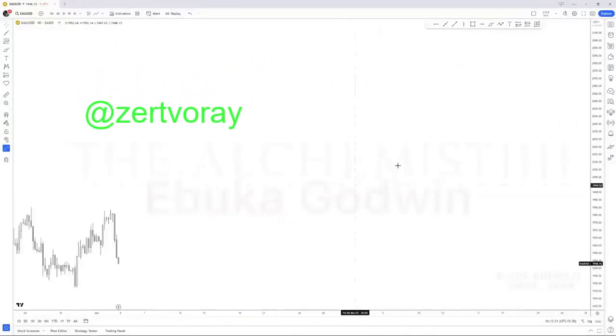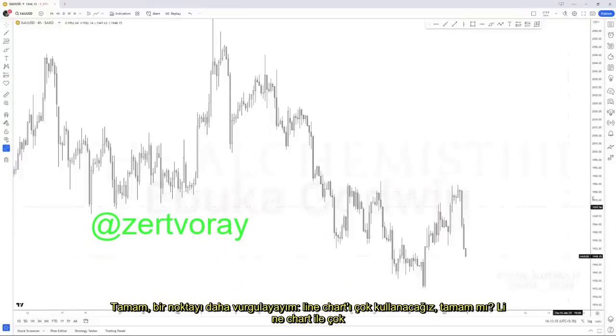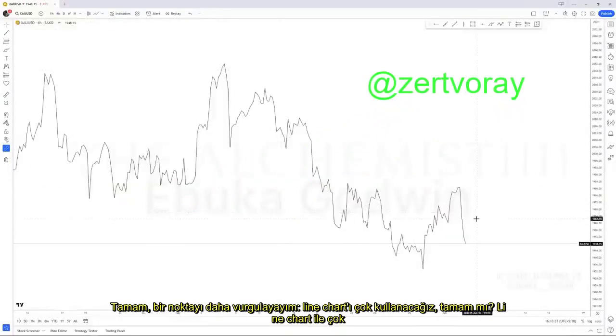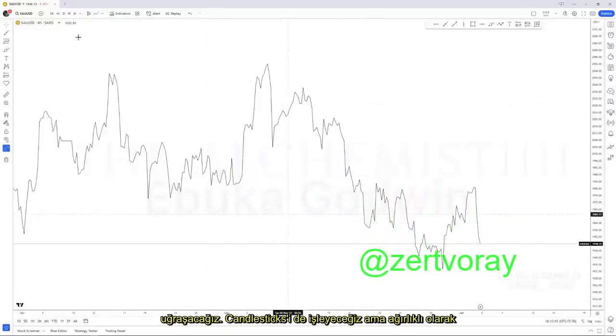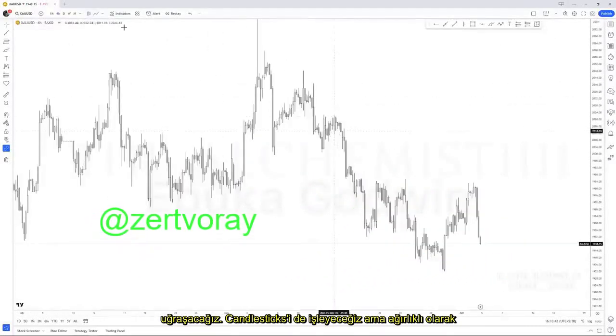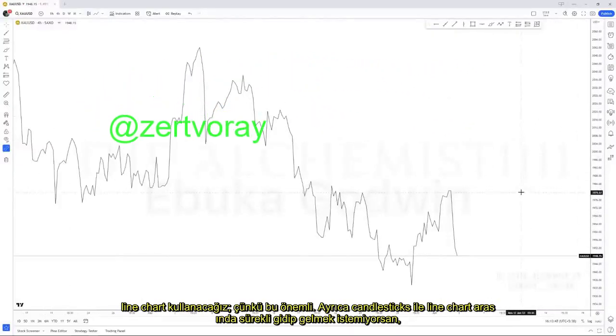Another thing to point out is that, remember, we will be using the line chart a lot. We will go through candlesticks as well, but mainly we'll be using the line chart because this is important.